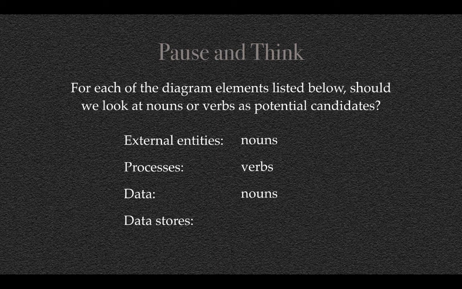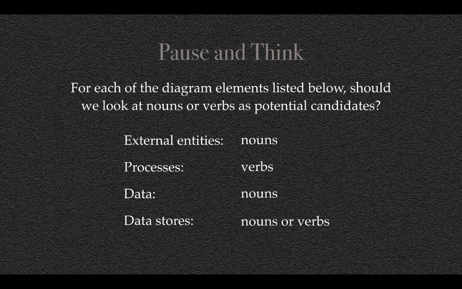Well, this doesn't mention a specific data store, but it implies, through the use of the verbs recorded and played back, that some data store must exist. So I think you really have to look at certain kinds of nouns and certain kinds of verbs to understand where and when you have a data store in your system.